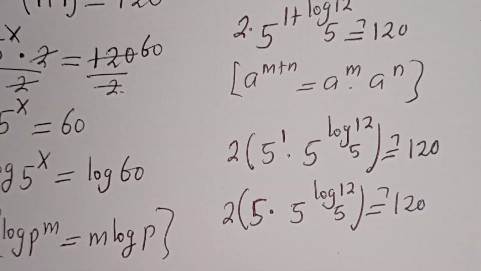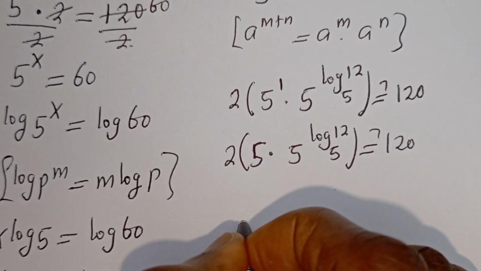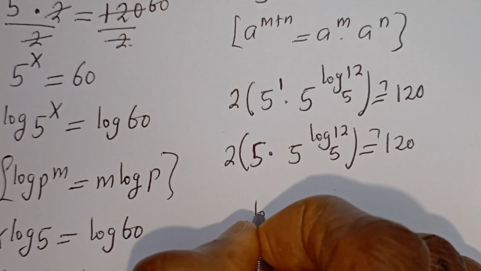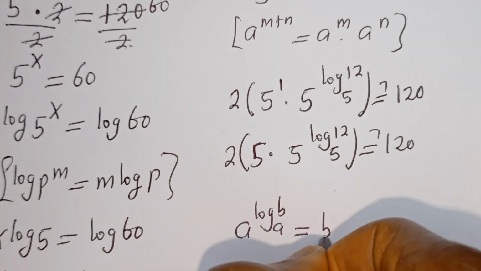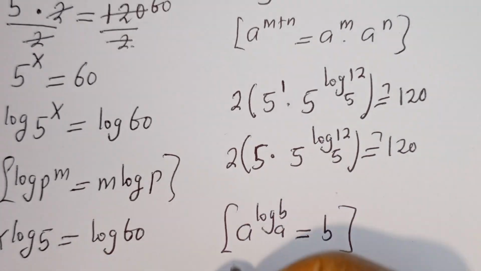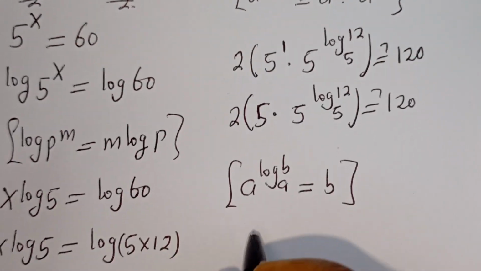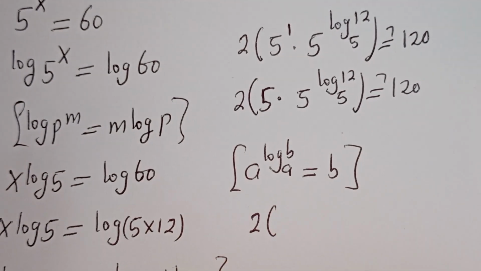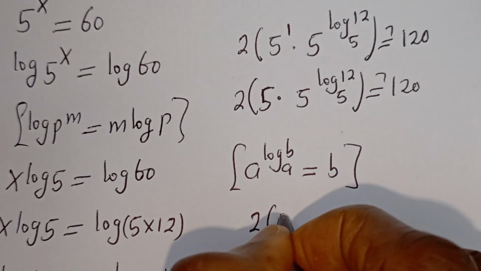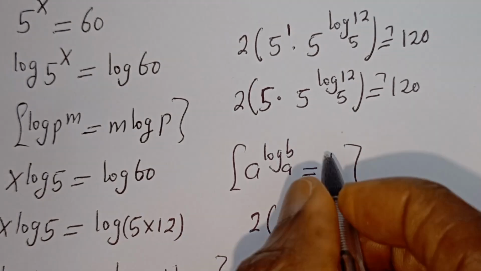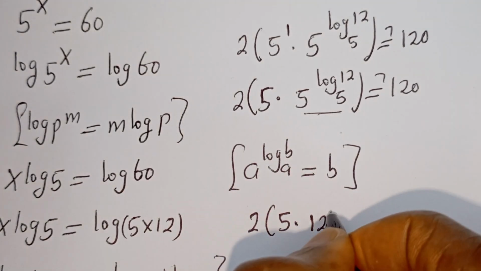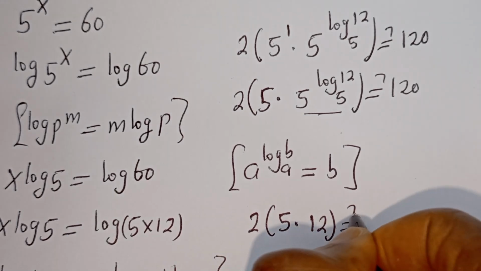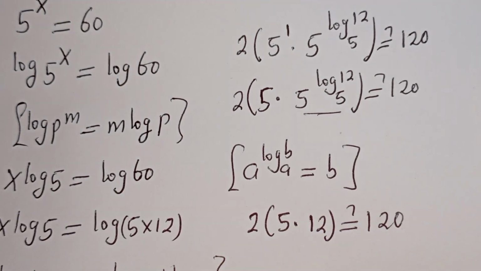But take note of this, that if you have a to the power of log b base a, this is equal to b. Then this can be written as 2 bracket 5 multiplied by the whole of this is 12 must be equal to 120.